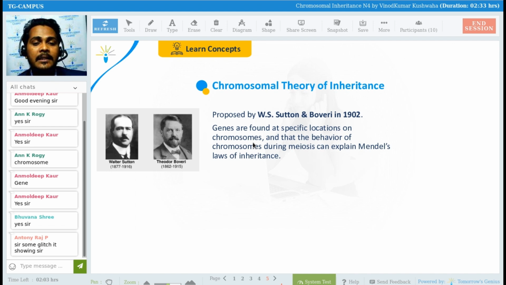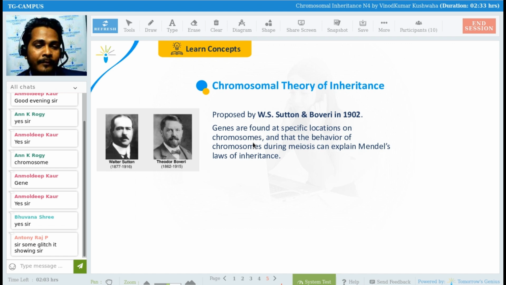He was largely responsible for developing the chromosomal theory of inheritance. Simultaneously, in 1902, Sutton, a young American scientist, actually a student, independently recognized a parallelism, a similarity, between the behavior of chromosomes and Mendelian factors during gamete formation.